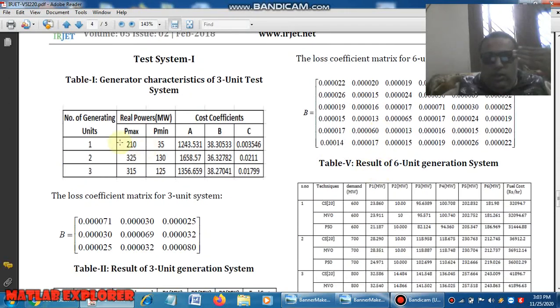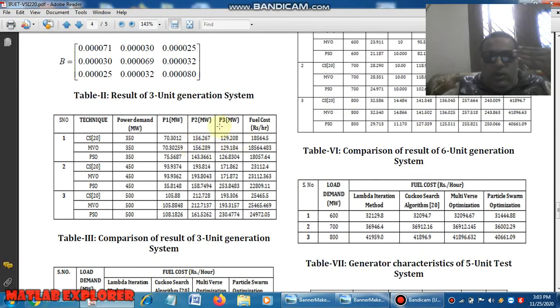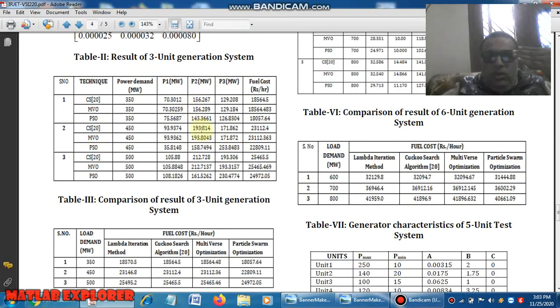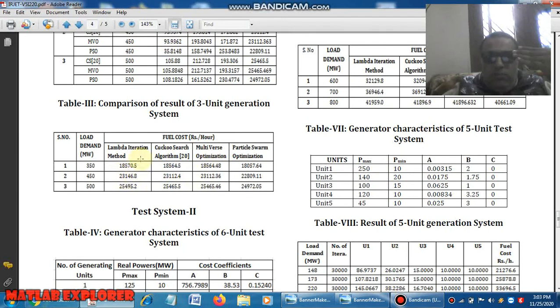Here is the data of your system, and these are the results. The system can be a 3-unit system. Then this is the comparison with other methods. This is the suggested method, particle swarm optimization, and these are the works of other authors with other techniques: lambda iteration method, cuckoo search, multiverse.